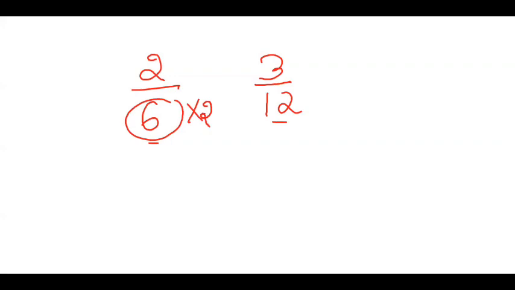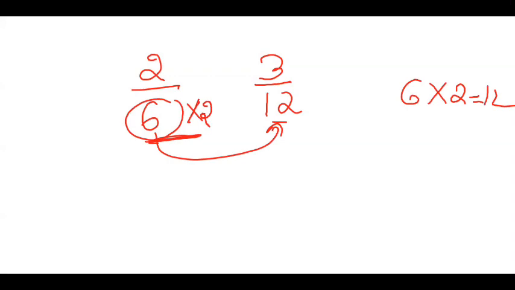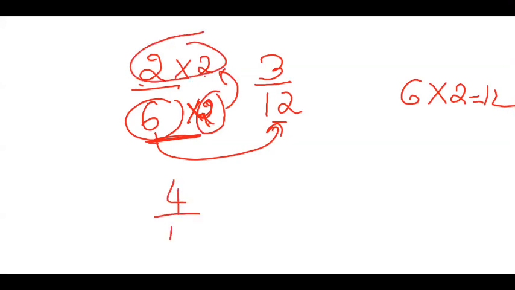How did we arrive? We can find it in the 12 table, right? 6 times 2 is 12. So we write 6 into 2 and 2 into 2, because the denominator is multiplied by 2, so the numerator is also multiplied by 2. 2 into 2 gives you 4 and 6 into 2 gives you 12.